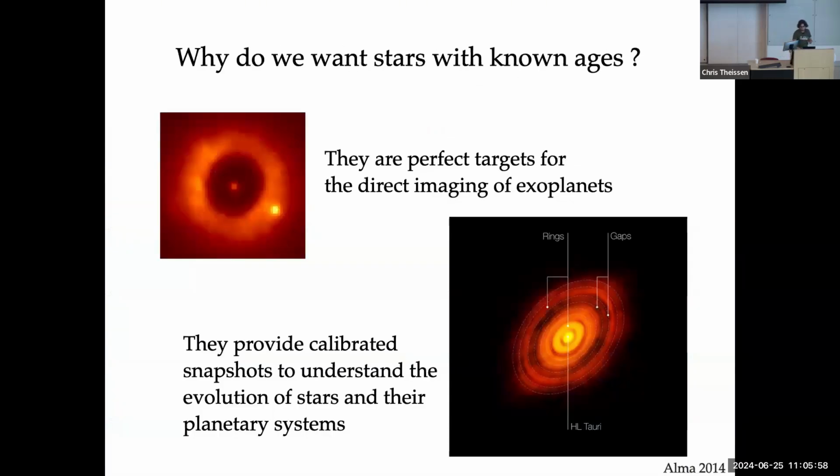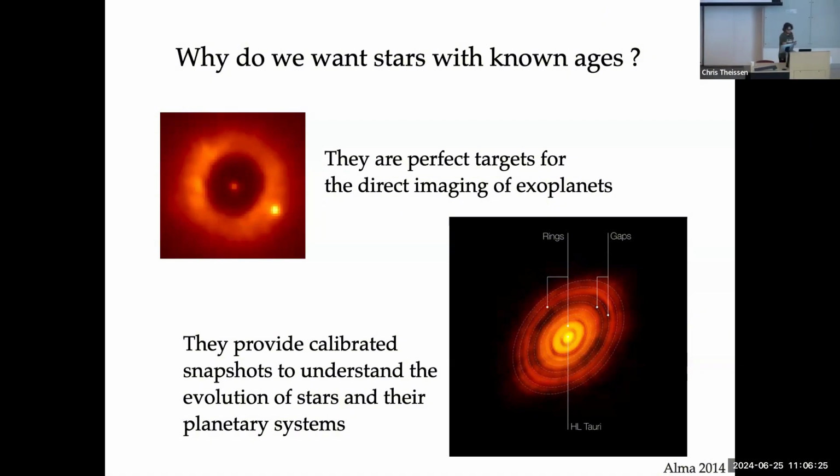So why do we want to know the ages of stars? There are many good reasons why we might want them, but there are two reasons that I am particularly interested in. One of these is to discover and characterize exoplanets at calibrated ages. So this allows us to paint a picture of how exoplanets evolve with time by finding some at many different snapshots in time.